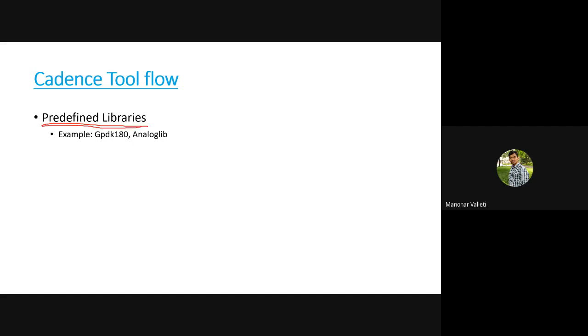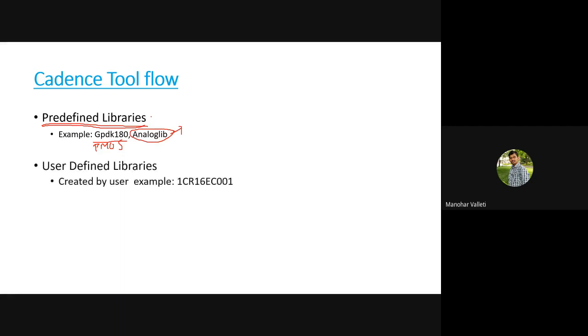Examples of predefined libraries are GPDK 180, in which PMOS and NMOS transistors will be there. And analog library is, I can say, an ideal library. Resistors, capacitors, voltage source, current source, ground, all those things will be there in this analog library. These are all predefined libraries given by Cadence. We just need to use them.